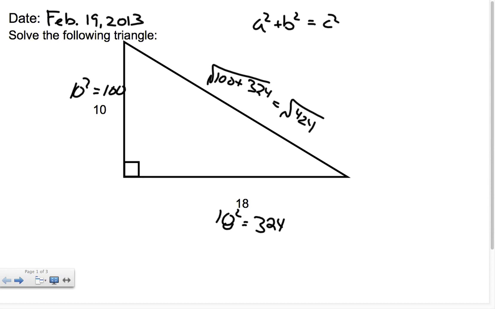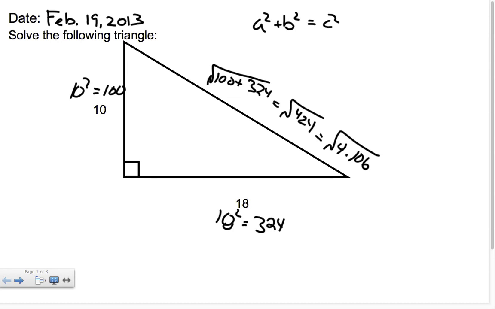Okay, we want to leave our answers exact. So we have a radical. Can we simplify this one though? Yes. How can we simplify it? 424 is the same as 4 times 106, right?